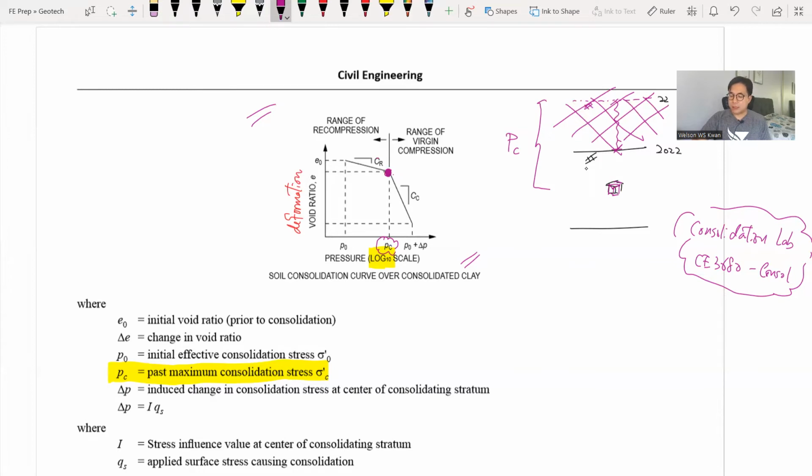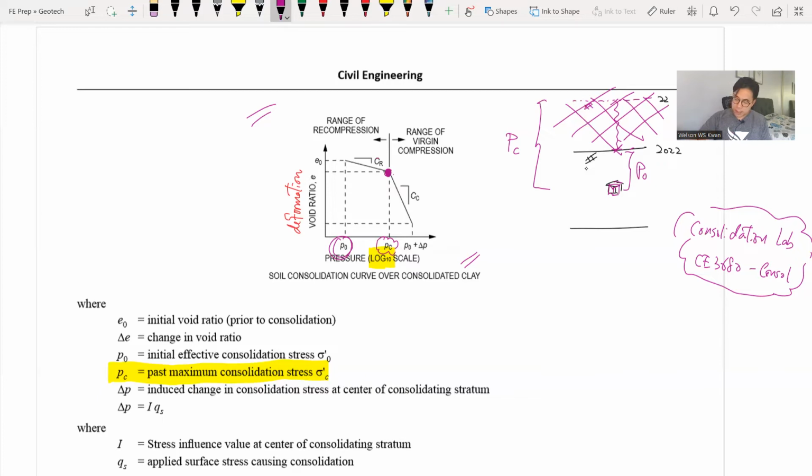Then it can be described by the slope parameters here, C sub R or C sub C. So this is the concept, and for the current stress level, you can see a P sub naught right there. P naught means the initial effective consolidation stress, which means right now in the site, what the stress level is.